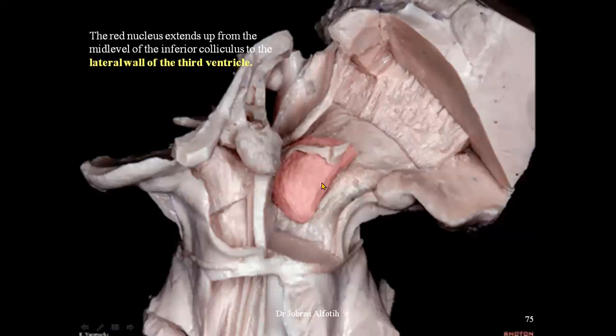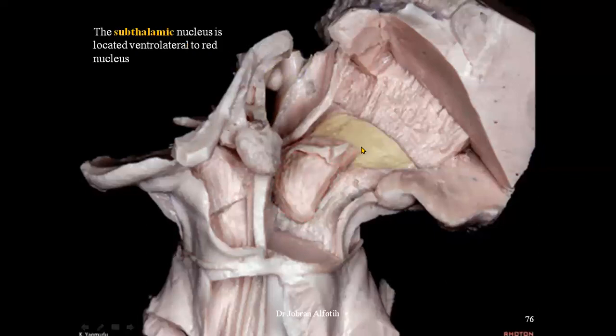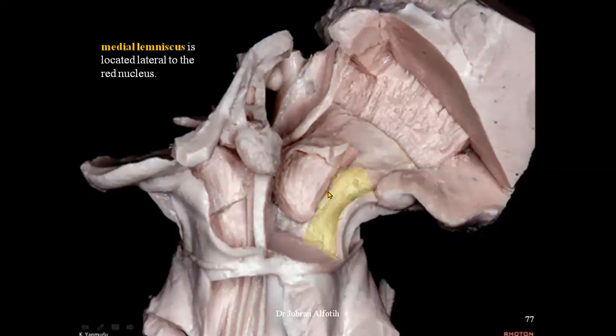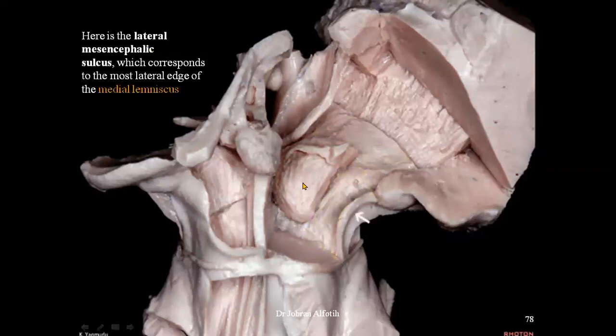Here the red nucleus also extends from the mid-level of the inferior colliculus to the lateral wall of the third ventricle. We can see the subthalamic nucleus located ventrolateral to the red nucleus, and the medial lemniscus is located lateral to the red nucleus.